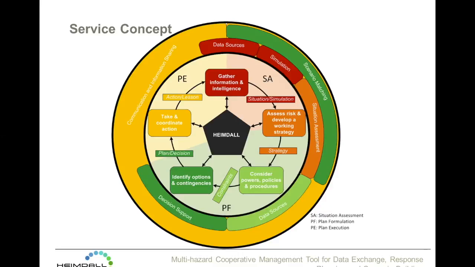Decision support functionality can, for instance, show different options for shelters and help to find a good decision and make a plan. On top of all of this, communication and information sharing supports the end users at each step. First, in taking and coordinating the action, for example, with the first responders in the field. But each step can be supported by information exchange within their own organization or with other authorities also involved in the incident.